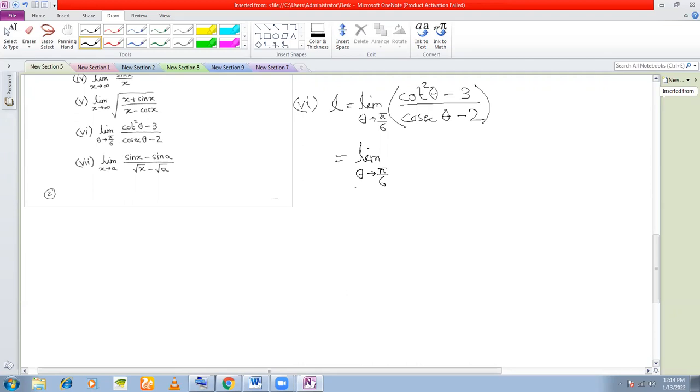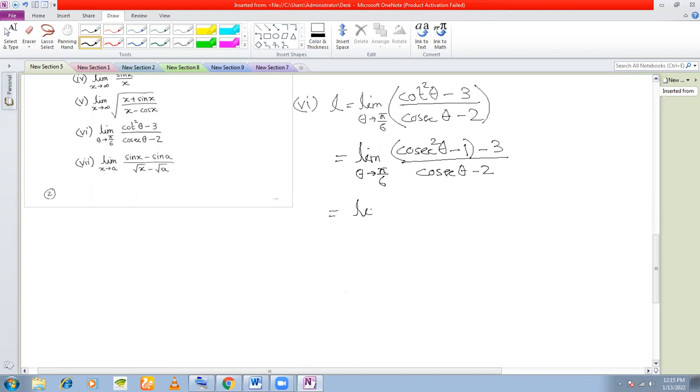Because cosec and cot are related, you can reduce your effort. You can change cot square theta to cosec square theta minus 1, minus 3. And you can write the denominator as it is, cosec theta minus 2.